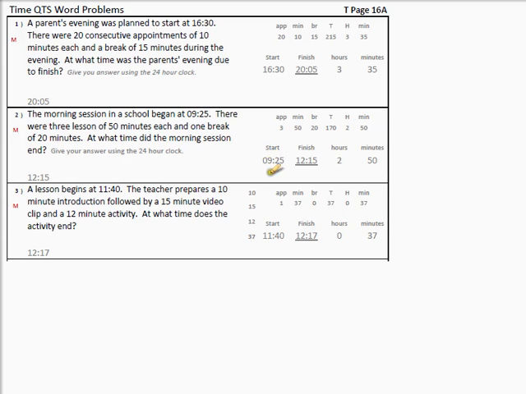In other words, you have to say 9:25 plus 2 hours 50. From 9:25 it's 10:25, 11:25. And then it's 35 minutes till 12 o'clock and another 15. So 12:15. Okay, that isn't that hard to do.